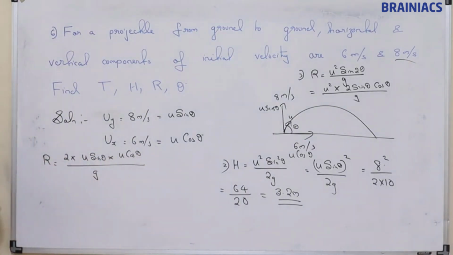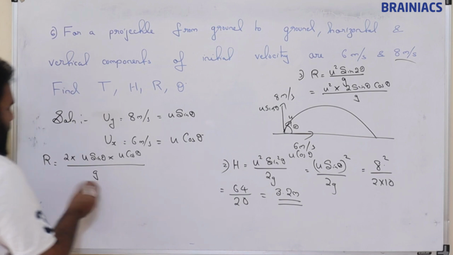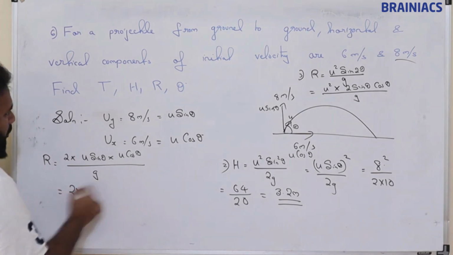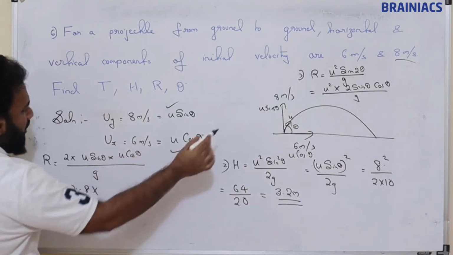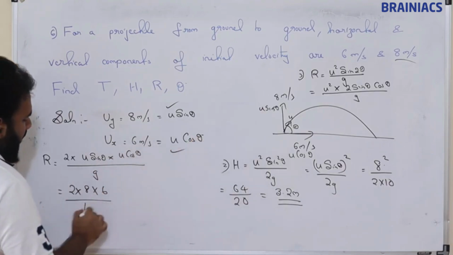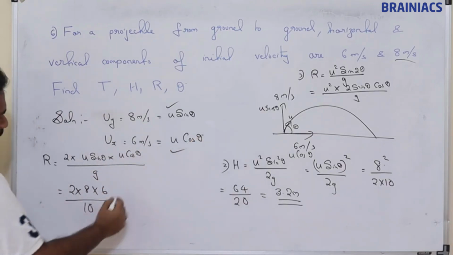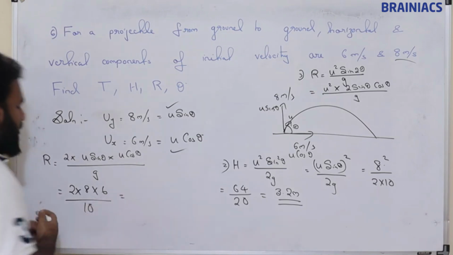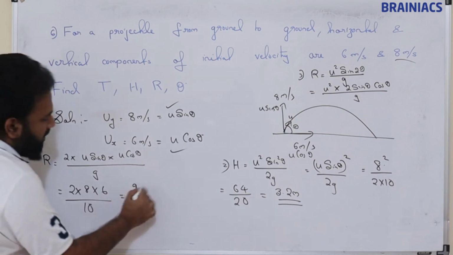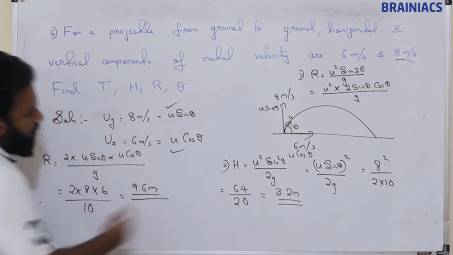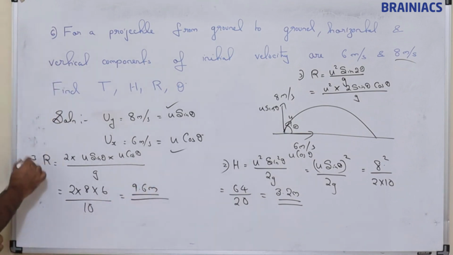So 2 into sine theta 8, cos theta 6 divided by 10. So 48, 96, 9.6 meters. So this is the third one, range.